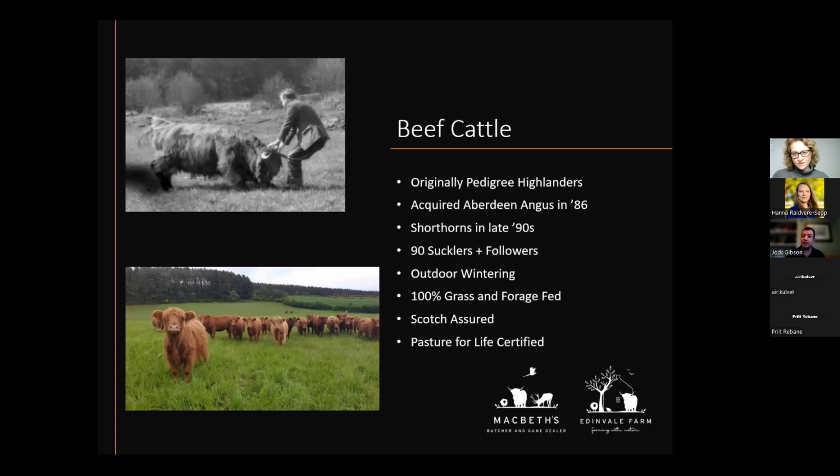At the moment, we have about 90 cows and breeding heifers to 3 bulls. Everything we do here now is 100% grass and forage fed, and actually we don't grow any forage anymore. It's all just done off grass and silage. We are Scotch assured and pasture for life assured as well.